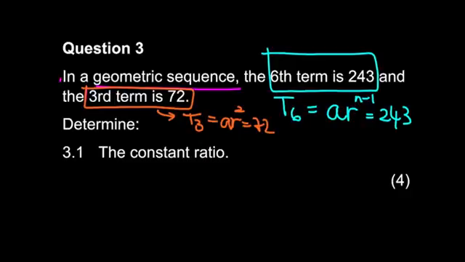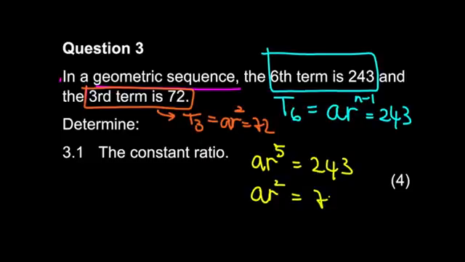Okay, so now in this equation, AR to the n minus 1, which should be 5, is equal to 243, and AR squared is equal to 72. We are going to solve simultaneously, but because we have an exponential in both of these equations, in geometric series we've got a different way of solving that is much more efficient.